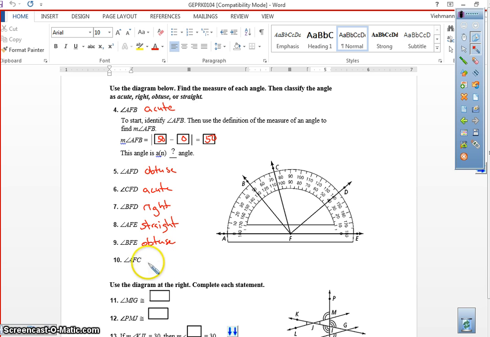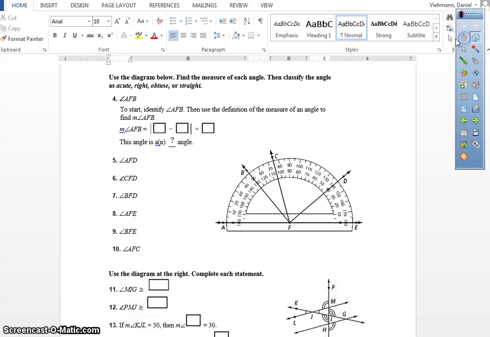Number 10, we have angle AFC. So we'll work our way from 0 on the outside here to 75 degrees. 75 degrees is an acute angle. Any questions? Good?